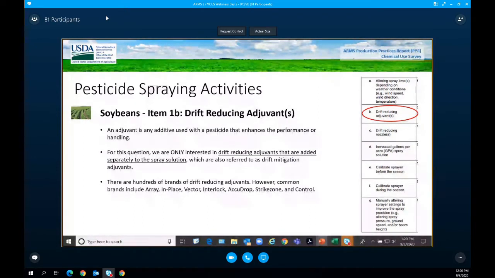Here, we're specifically interested in drift-reducing adjuvants in particular, and only drift-reducing adjuvants. So just be conscious of that as you are coding the question or as you're training your enumerators. And we're also only interested in adjuvants which have been added separately to the spray solution.